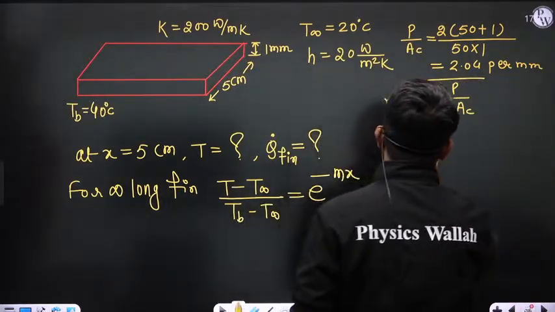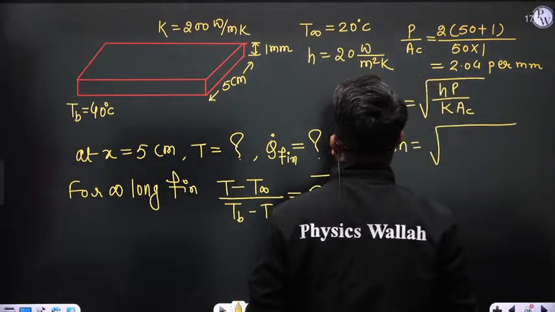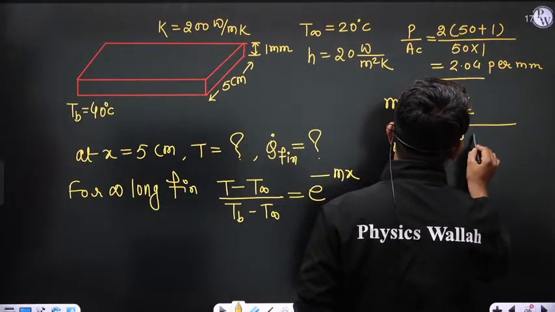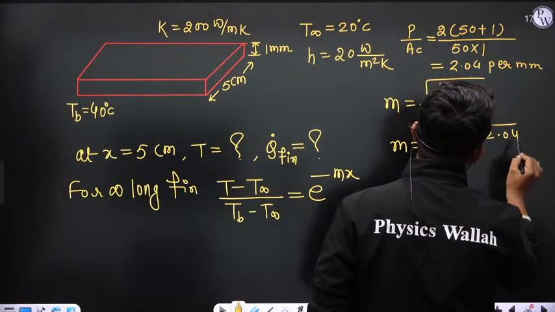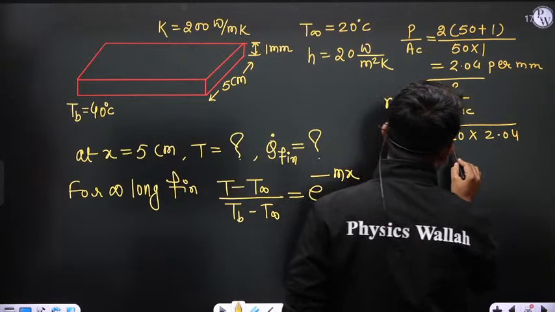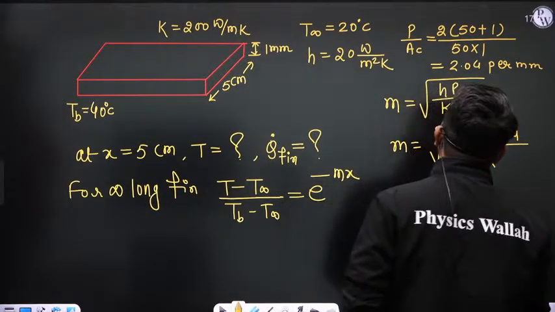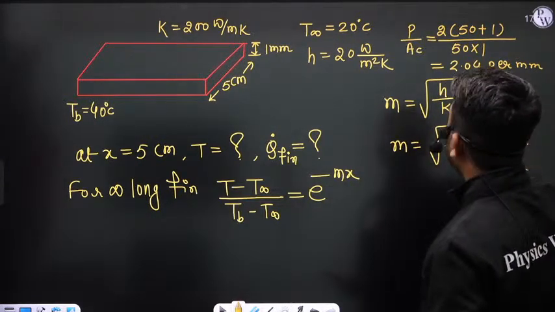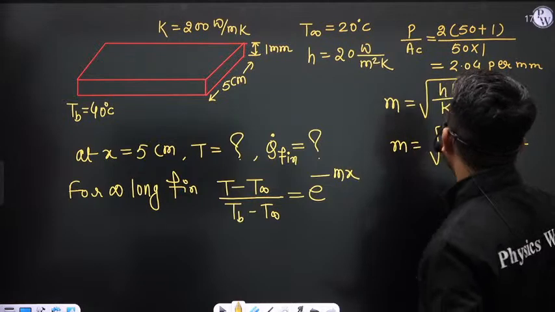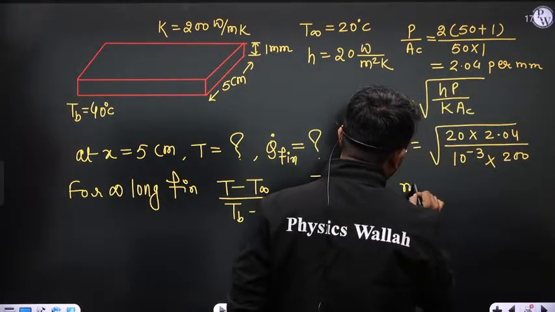Okay, now see, the m is equal to this, so what is the value of h? The value of h is 20. And the P by AC is 2.04 into 10 to the power minus 3 per meter. So 20, and what is k? K is given 200. So calculate m.